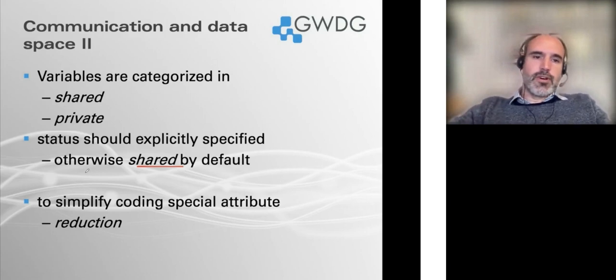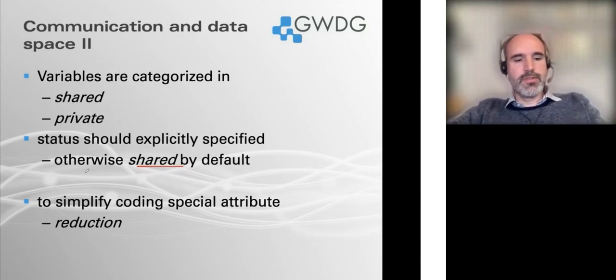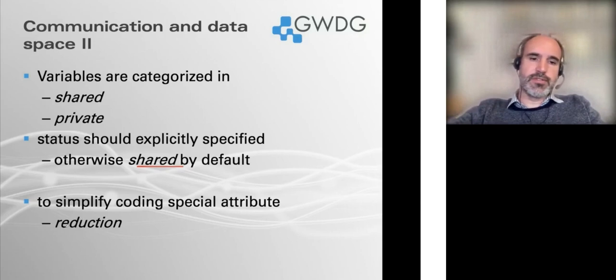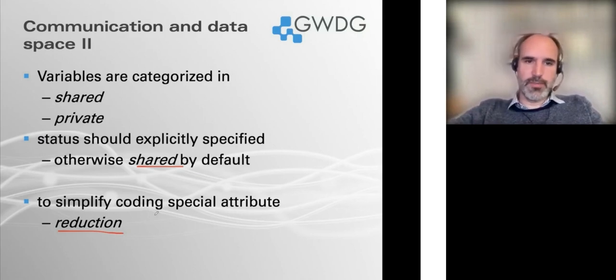There's a third option if you have a variable which is to be reduced at the end. That's why there's a clause called reduction. That means, for example, you have a variable a, and at the end of the parallel region, you would like to have the sum of all variables a of all threads.